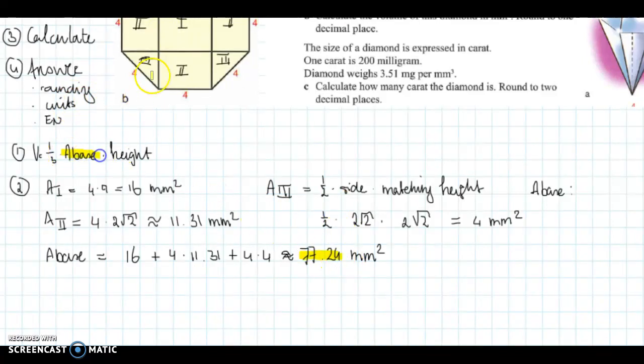That's this part of the formula. Then the height of the pyramid was, for the first one, 6 millimeters.